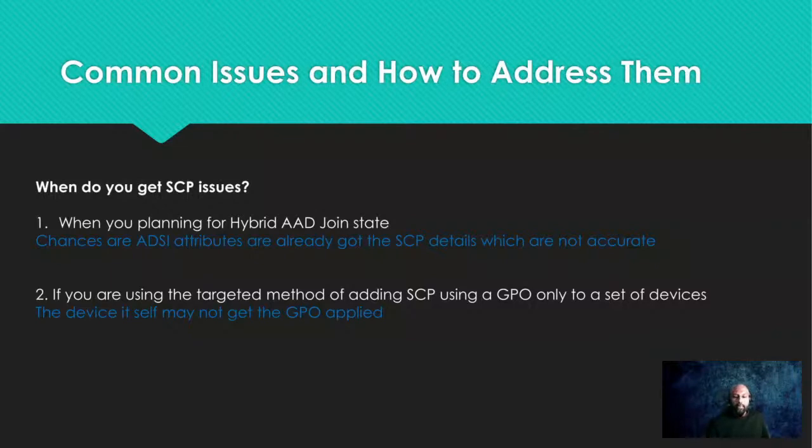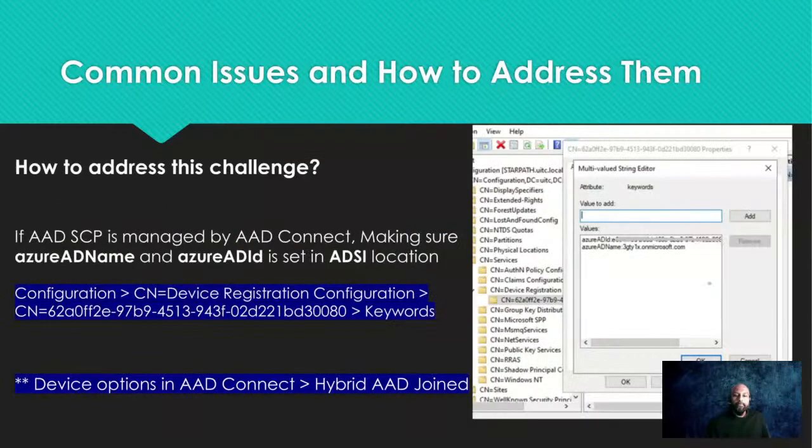So this is just what I mentioned just now. When you're planning for hybrid AD join, ADSI will get created. If not, the GPO should be applied properly. Imagine that you have run the device options, and then the hybrid AD join mode.